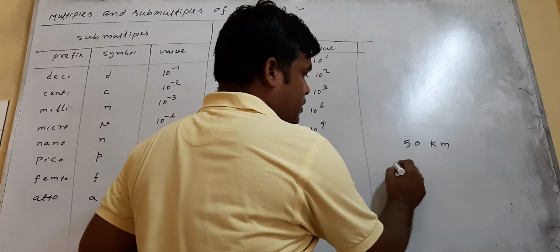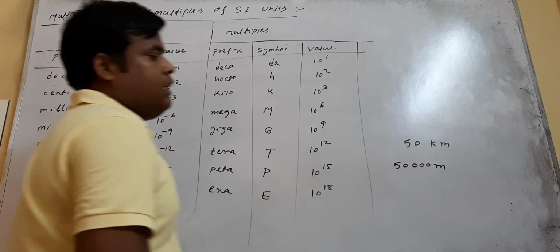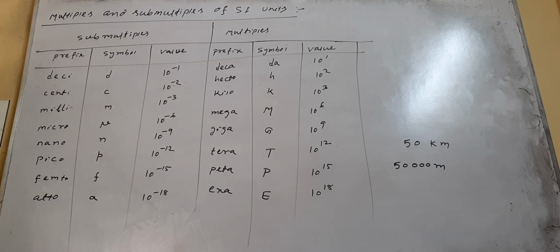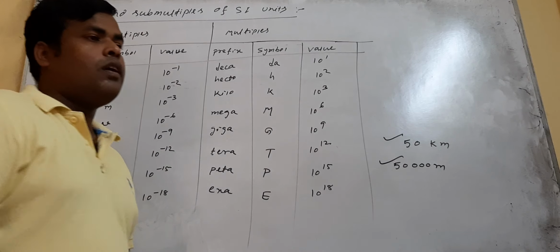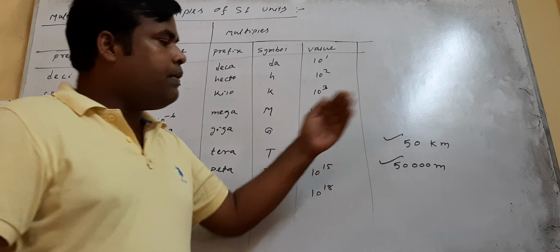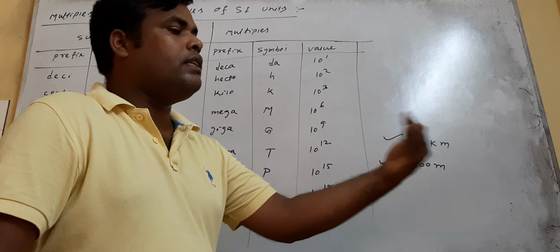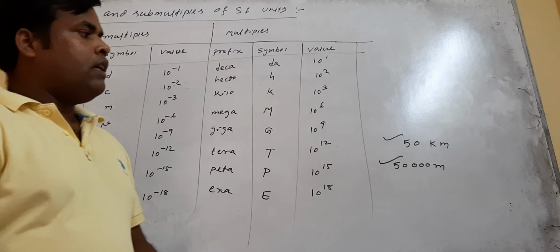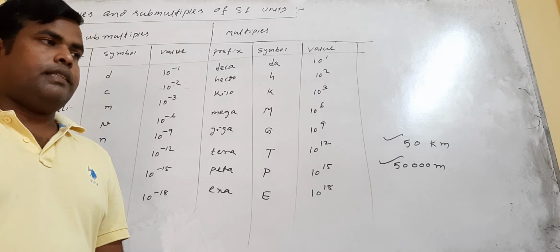In meter, the distance will be 50,000 meter. So you see these two numbers, which one is easy to express? 50 kilometer is easy to express or 50,000 meter is easy to express? Definitely 50 kilometer is easy to express.